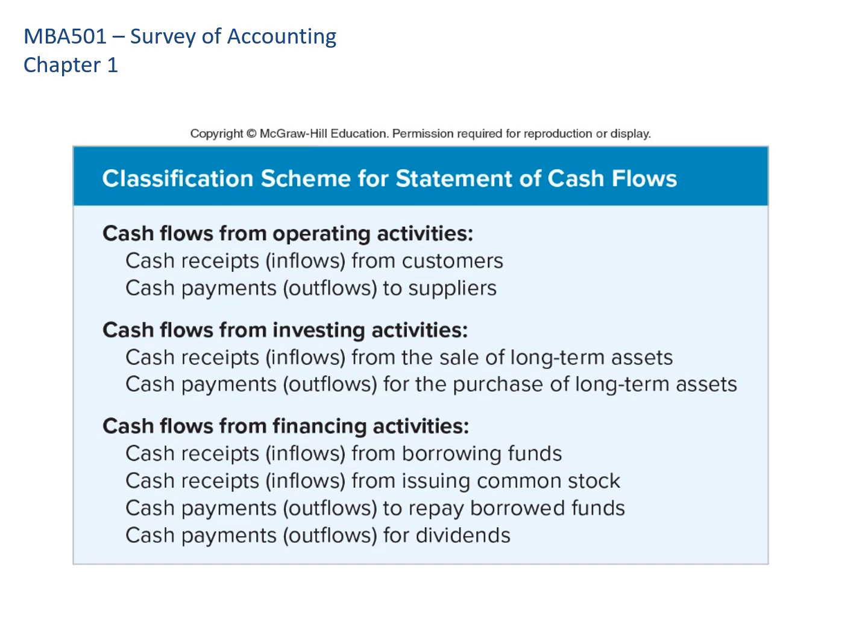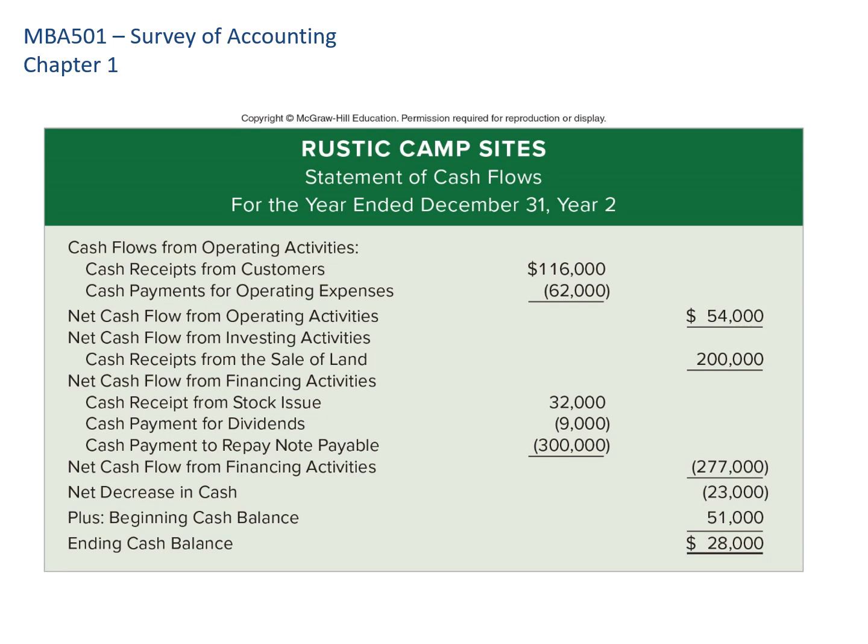Cash flows from investing activities, that's either buying or selling long-term assets. And then cash flows from financing activities is cash flows related to borrowing money, issuing stock, or paying back money that we owe, or paying dividends. So dealing with banks and long-term liabilities and dealing with our owners. So that produces a statement that shows as follows. What kind of cash was produced from operating activities? In this company, it was $54,000.